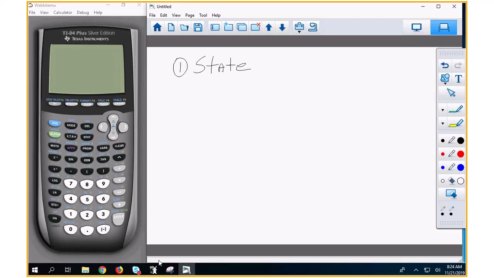The confidence level. If I give you a 95% confidence level, what is the significance level? 0.05, alpha. So state all of that stuff: H0, HA, or H1, whichever one you want to put, I don't care, and the significance level or confidence level. Whatever they give you, you're going to be able to state the other. So that's the first thing you do when you start a hypothesis test.